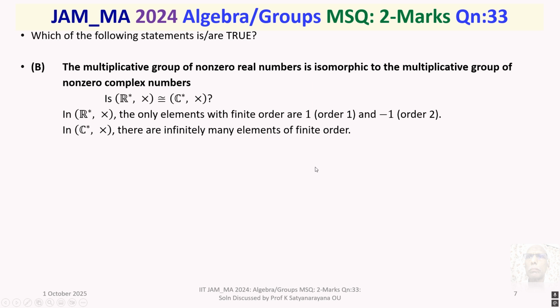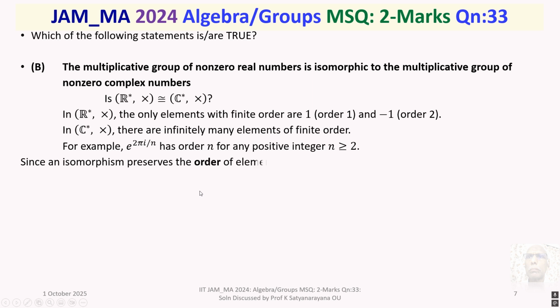So e to the power of 2 pi i by n has order n for any positive integer n greater than or equal to 2. Thus C star under multiplication has infinitely many elements of finite order, whereas R star has only 2 elements of finite order. Since an isomorphism preserves the order of elements, these 2 groups are not isomorphic.